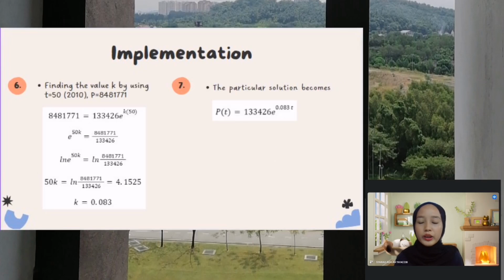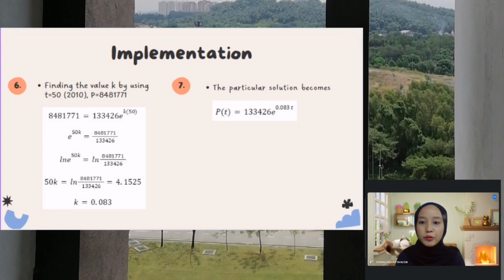Next, we find the value of k by substituting t = 50 and population P = 8,481,771. After that, we take the natural log of both sides of the equation, and lastly we get the value of k, which is 0.083.